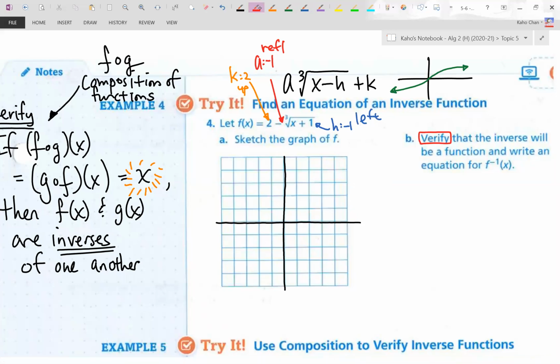Oh my goodness. So I'm going to go ahead and reflect this graph, and when I do that, it's going to go like this. I did the reflection first to make life easier. And now I'm going to shift those 3 dots: 1 left, 2 up. 1 left and 2 up. Great. And there it is.